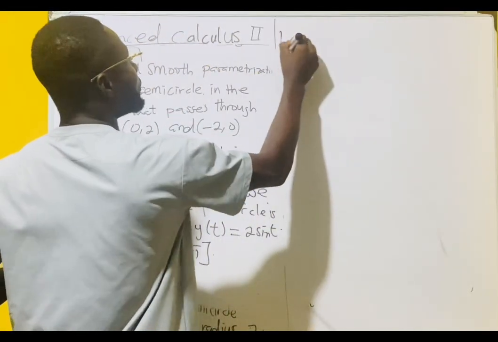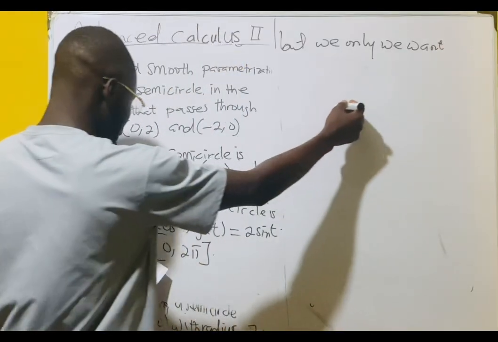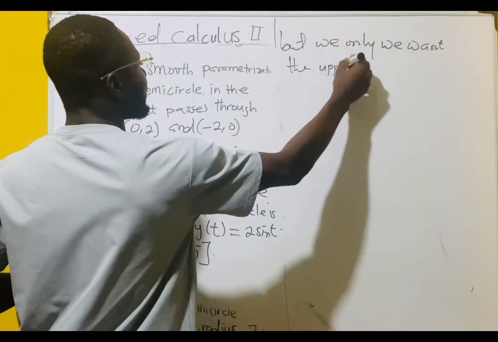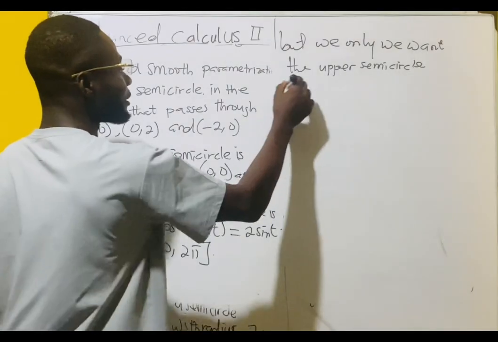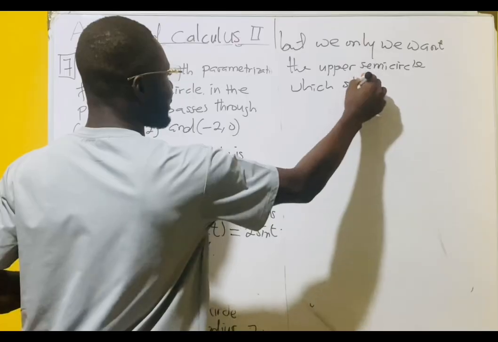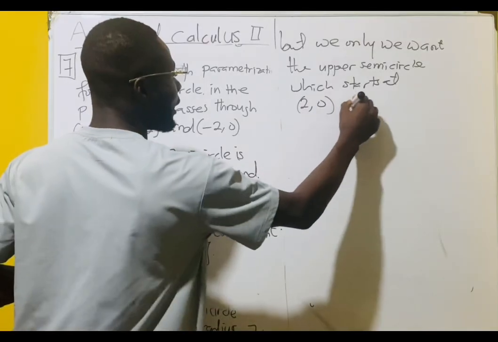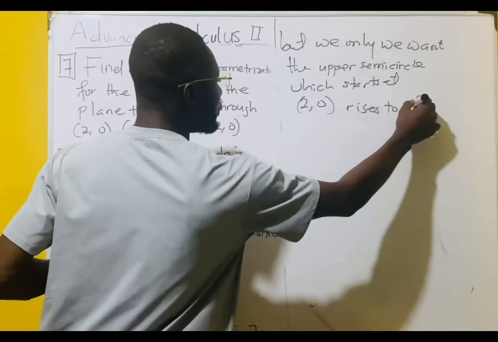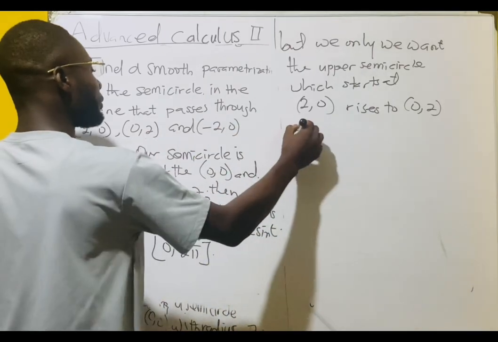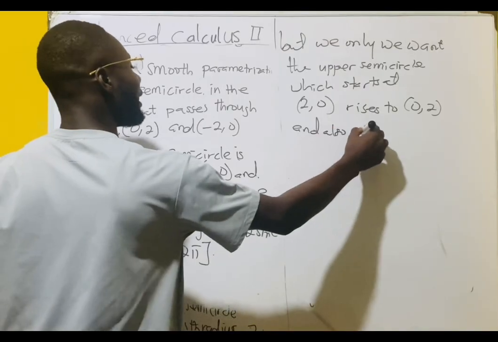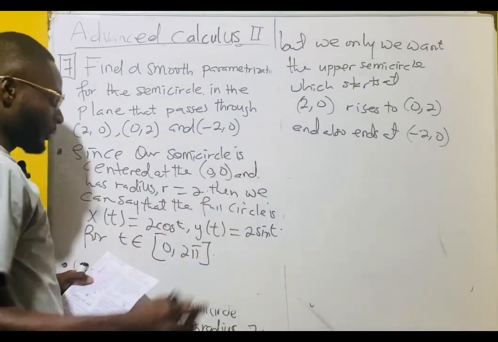We only want the upper semicircle, which starts at (2, 0), rises to (0, 2), and ends at (-2, 0).